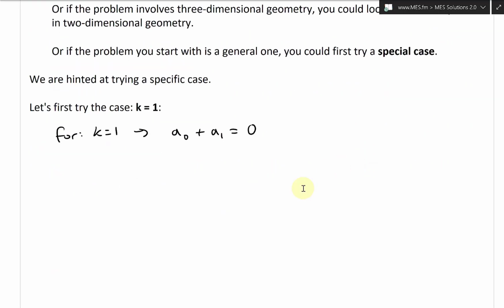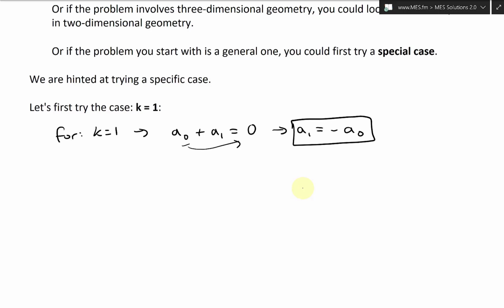If we could solve this, then a1, move this over to the other side, so that means a1 is equal to negative a0. So we could throw this inside. And now we're going to take the limit.